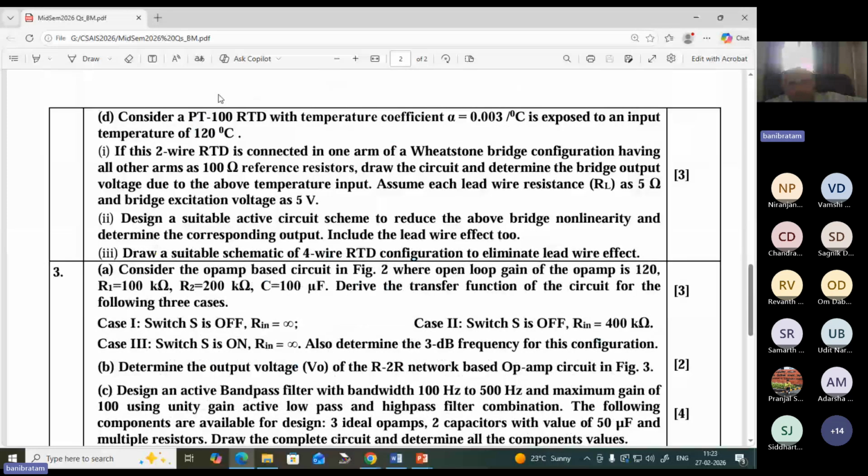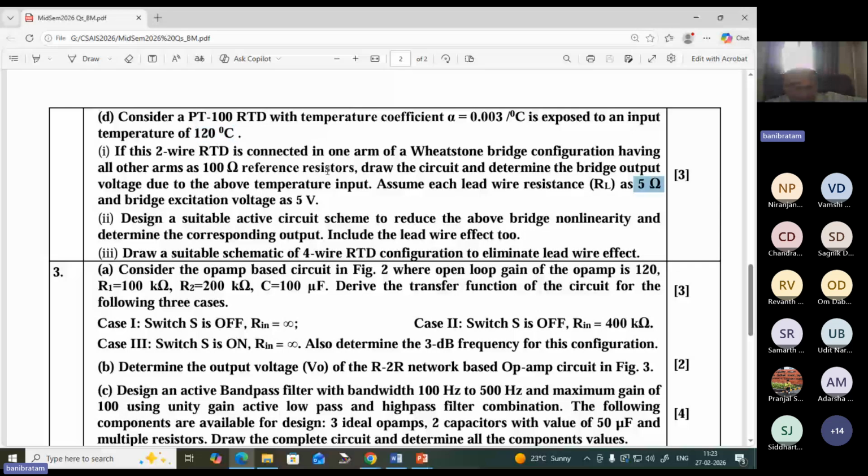Similarly, for the PT100 RTD, hints were also given: the resistance at 0 degree centigrade is 100 ohms. Then what is the value at 120 degree centigrade? For that you have to draw the Wheatstone bridge and incorporate the lead wire resistance effect as well. That was a very straightforward Wheatstone bridge problem, which we have discussed a couple of times in class, in classwork, assignments, everywhere.